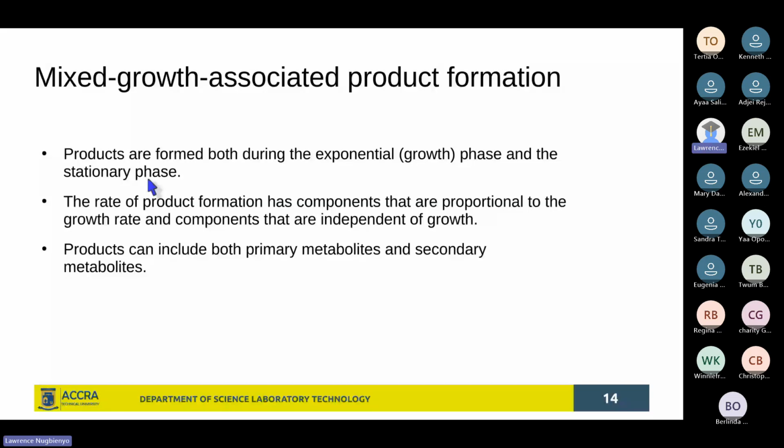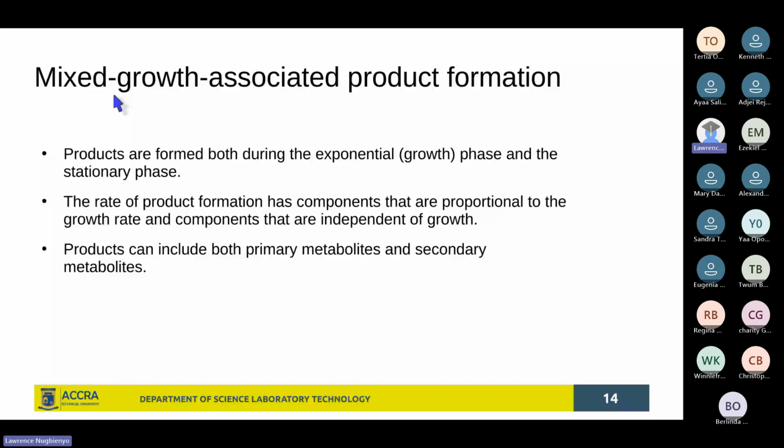And that is referred to as a mixed growth associated product formation. So you have the products that are being formed, some of it being formed in the exponential stage, the growth stage of the microbes, and you have some of the products that are formed at the stationary phase.